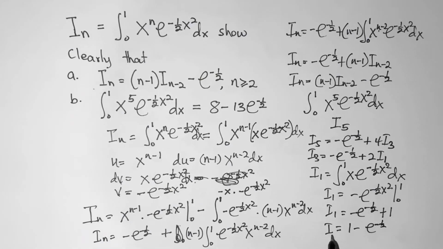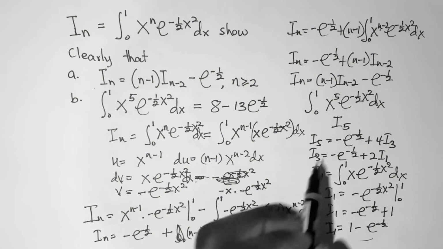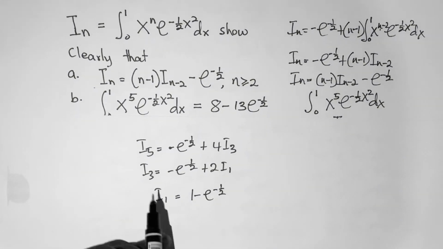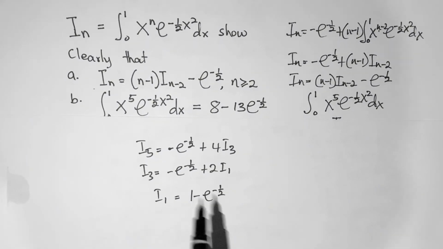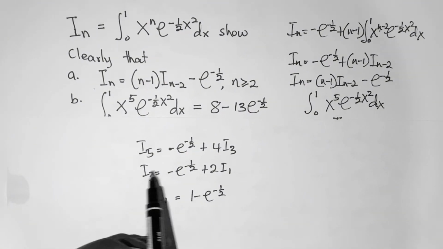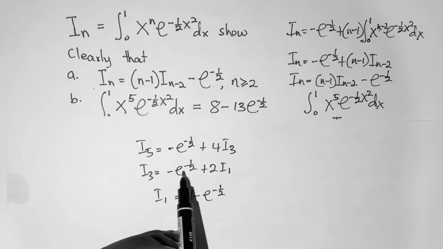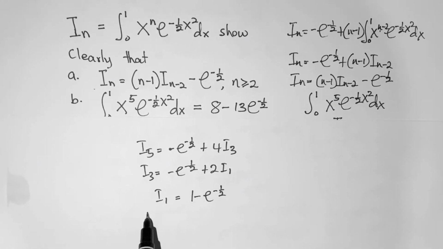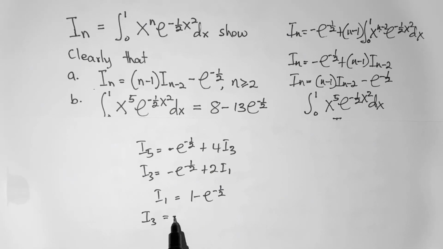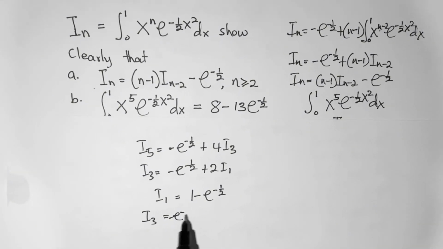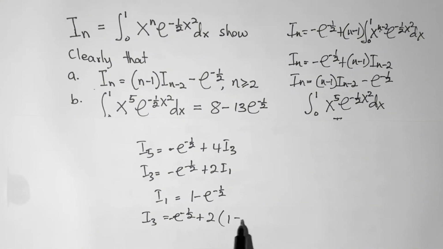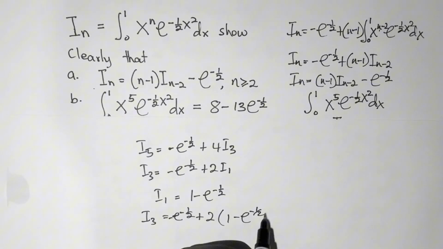So we need to take I1, put it back into I3, and then I5, then we can get I5. So we got I1 as 1 minus exponent minus half, but I3 we said is exponent minus half plus 2 I1. So we can find I3. So I3 is equal to minus exponent minus 1 over 2, then plus 2 times 1 minus exponent minus 1 over 2.